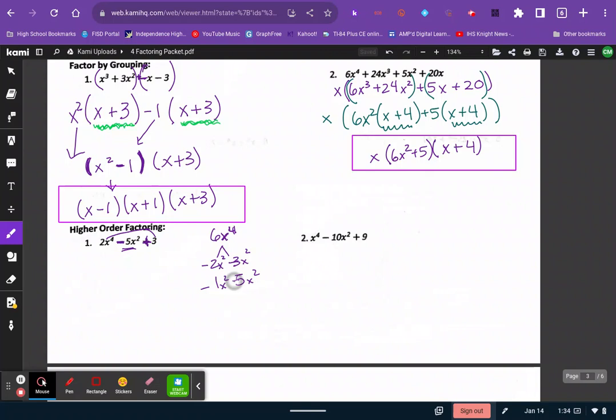So now I just need to decide, is it -2 and -3? When I multiply those together, I get +6x to the 4th. When I add them together, I get -5x squared. With these two, when I multiply, I do get this, but when I add them together, I get -6x squared. So it's not going to be this second choice.